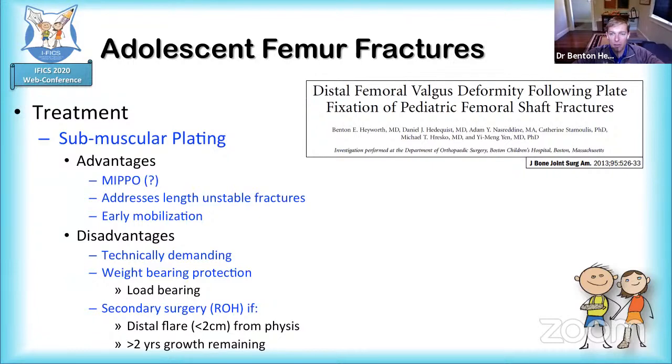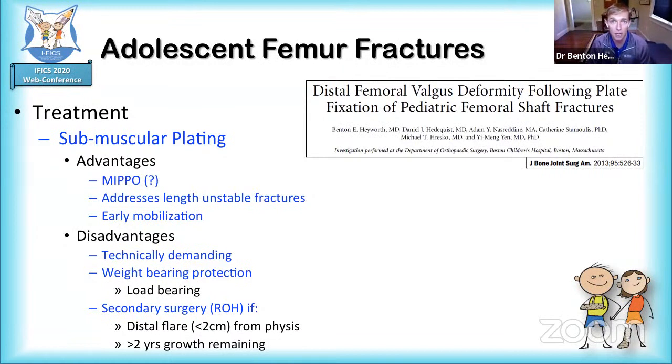One thing we learned actually during my fellowship, Dr. Hedequist mentioned that he had seen a couple instances of valgus deformity below the submuscular plate. And so we did a deep dive on every submuscular plate done at our institution as this technique became available.